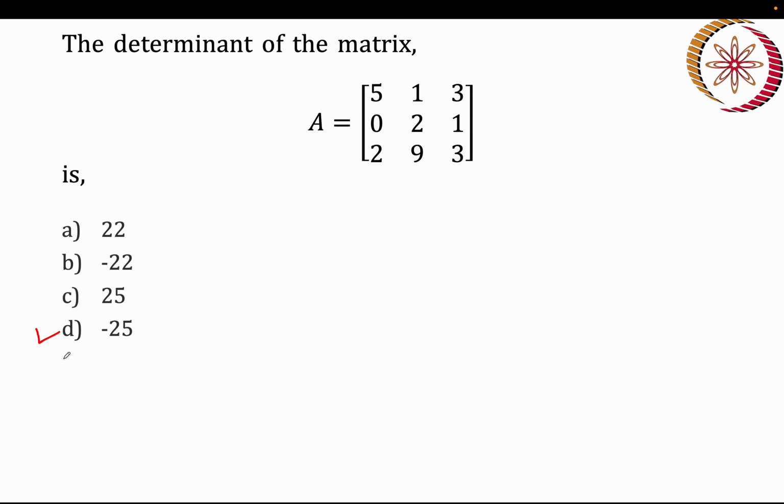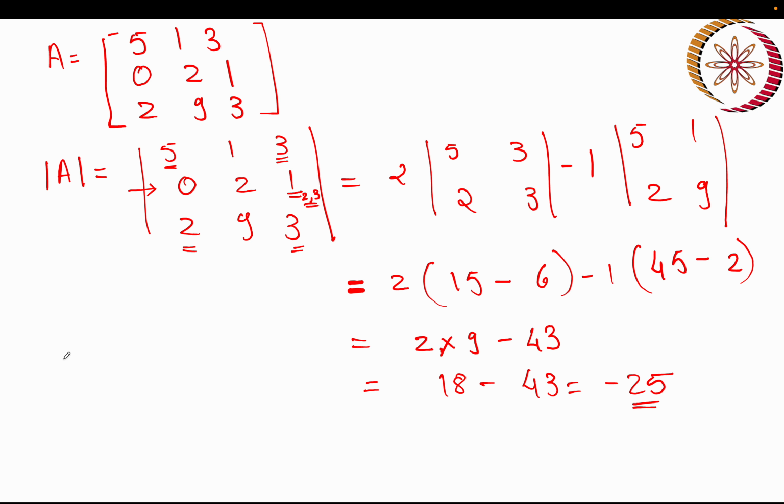So D is the correct answer, which is minus 25. Because this is 3 by 3, it might be easy to do directly, but when it's a larger matrix, I think you can do the row operations first, bring more zeros into the matrix, and try to find the determinant after that.